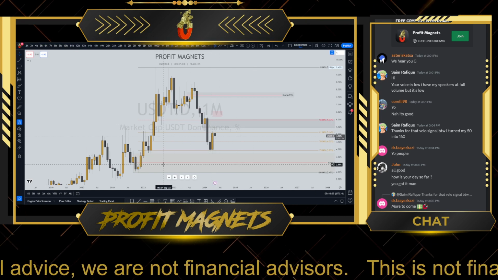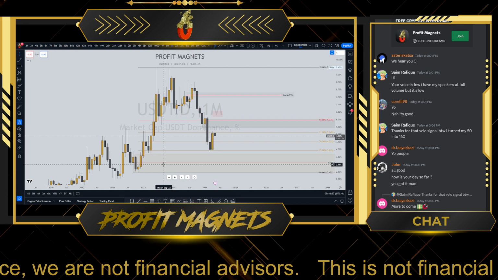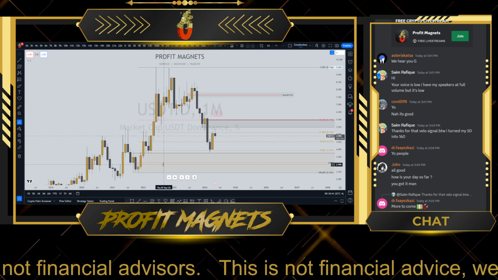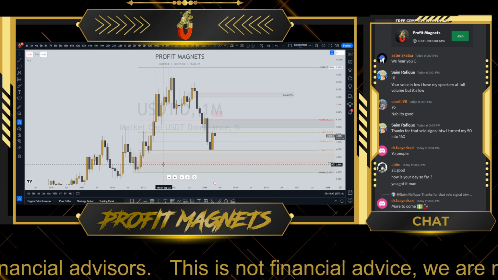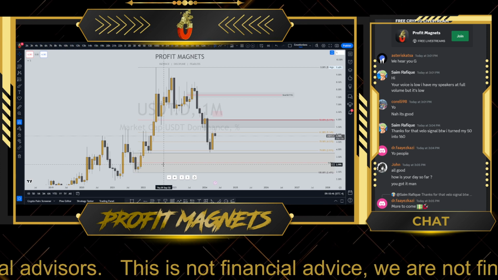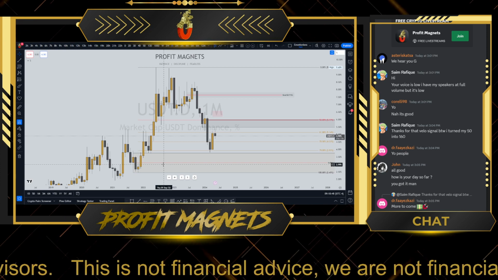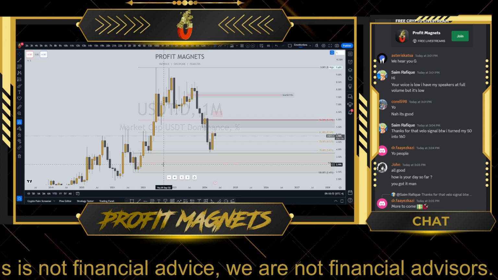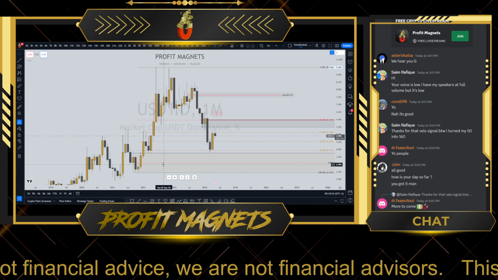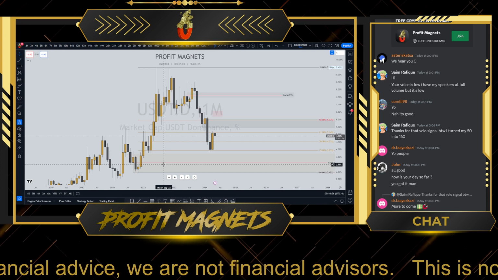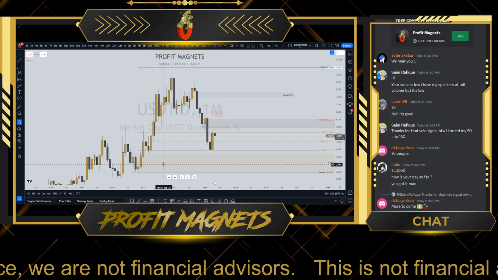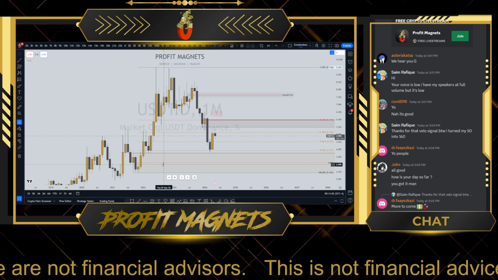What is a golden pocket, Alex? The golden pocket is made of 3 levels. At least I use 3 levels. There are some people that use 2 levels, some people that maybe use more, but my golden pocket is made with 3 levels. The 61.8%, which is the most important Fibonacci level, because it's usually where price likes to retrace before an inversion can come in.